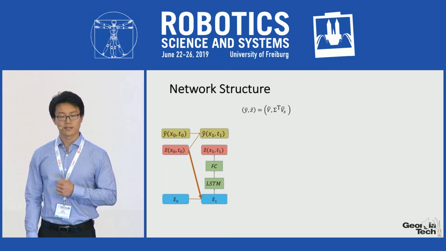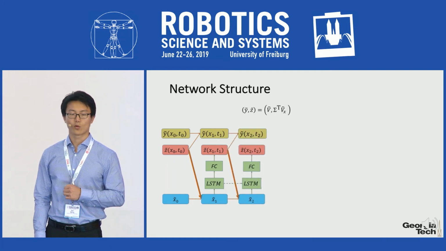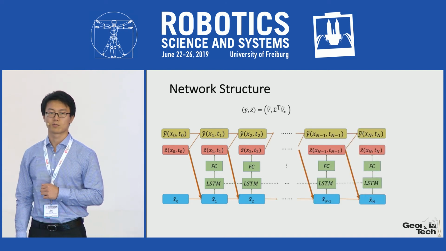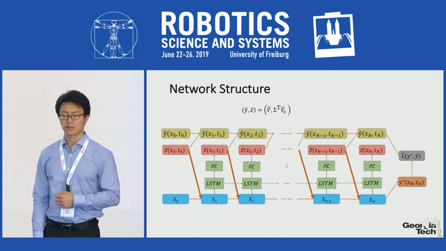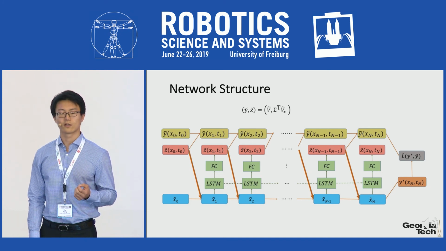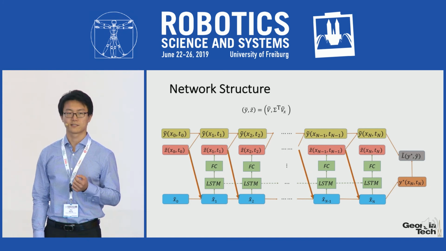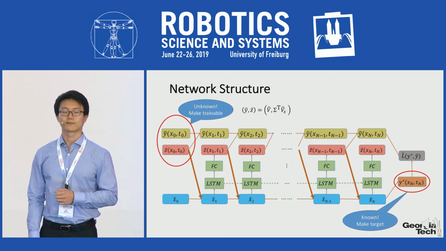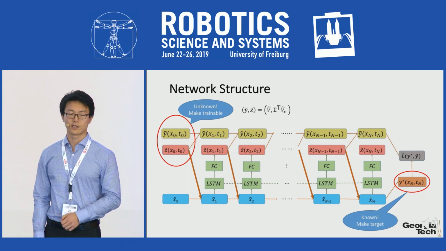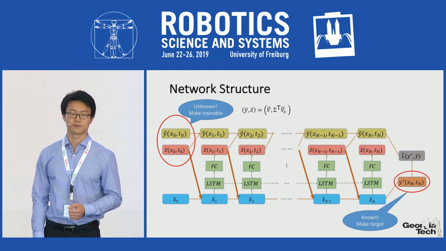We can forward propagate this until the end of the task horizon, where we can then construct the loss function using the propagated value function and the true value function at the terminal state using the terminal state cost. It's important to note here that we are now forward propagating a backward process, and we can do so by making the unknown initializations trainable and using the known terminal condition to enforce a valid initialization.